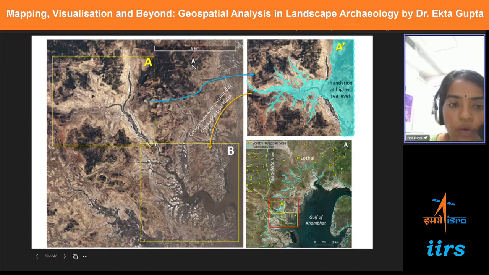So it was probably like this. So this inundation is shown here, and this whole region would have been not suitable to live. That is why we do not find any Harappan site in this area. So this area is devoid of any site at that time.